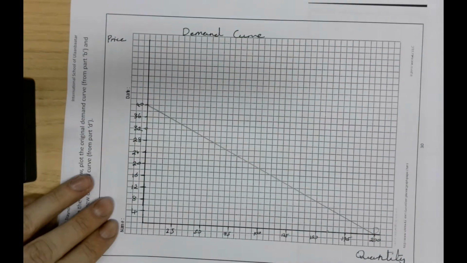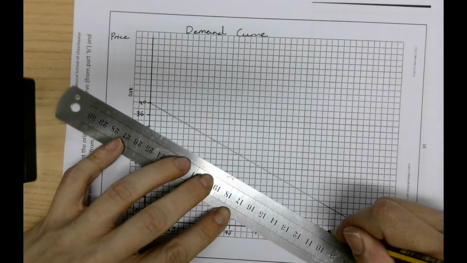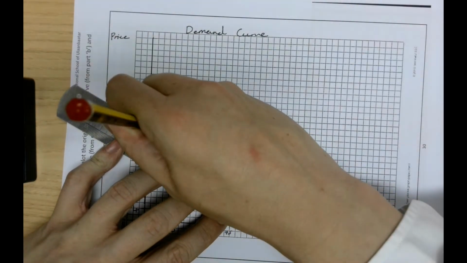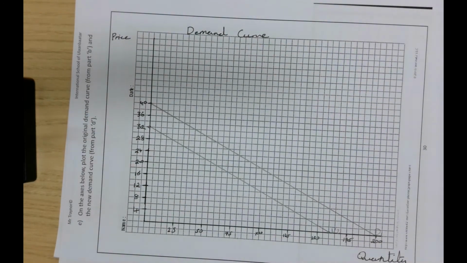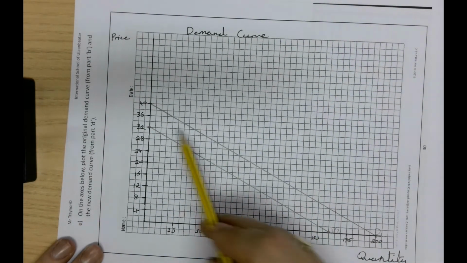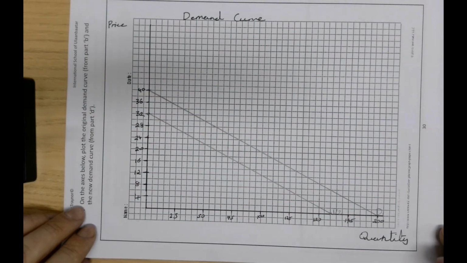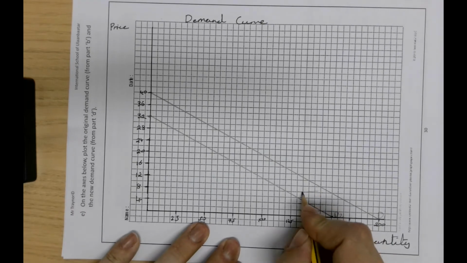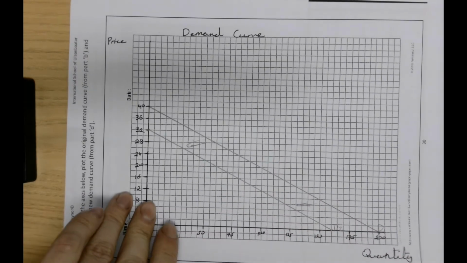So let's draw these down. Now, if I've labeled everything correctly, they should be parallel, and I think we can see they are. They have the exact same slope, same distance between them all the way along. They'll never meet, and that is an inward shift of the demand curve from D1 inwards to D2. That's what that represents. Now that's excellent. I've done all of that.